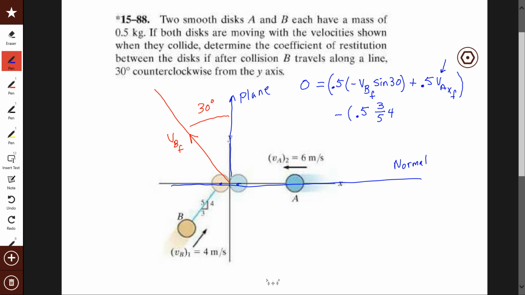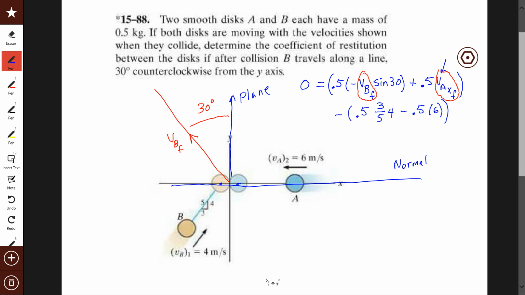For the momentum of A, I have mass and his initial velocity, which is negative, that's why I put a negative here in front, -6. So that's the final minus initial momentum. If you look at the unknowns, I don't know this number, and I don't know this number. So I have two unknowns and only one equation, so I have to write another equation.